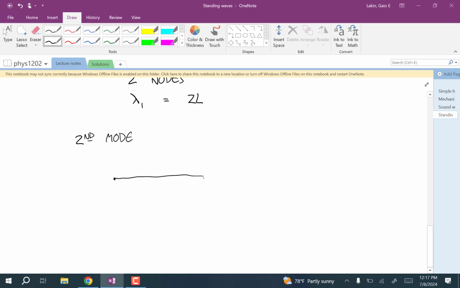So if this is the length L, the second mode is going to have one more node. So this is the length L of the string, but now there's going to be a node right in the middle there. And in order to have no oscillation at any of these 3 points, the longest wave that you can fit in here is one that goes like this.